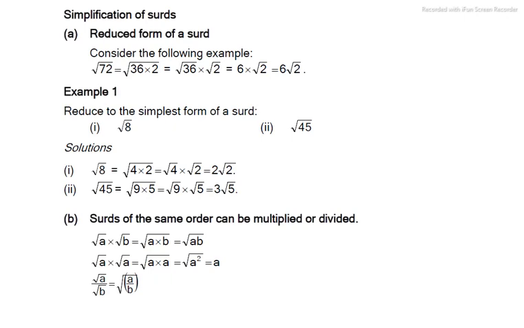So it becomes root 4 times root 2, and root 4 is 2, so we shall get 2 times root 2, which is 2 root 2. So meaning that root 8 is the same as 2 root 2.